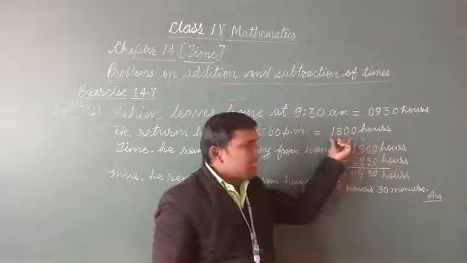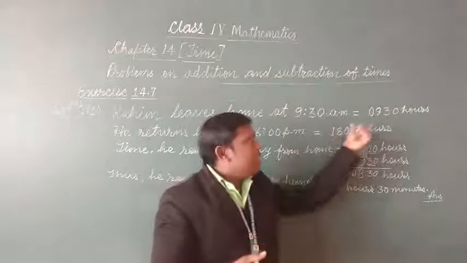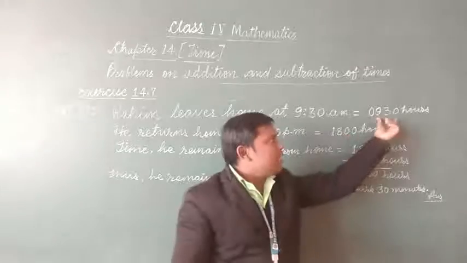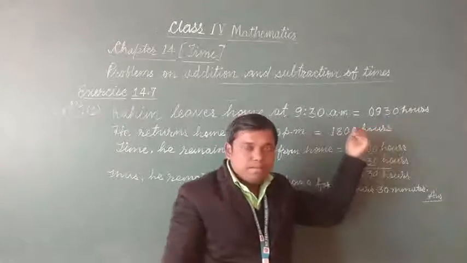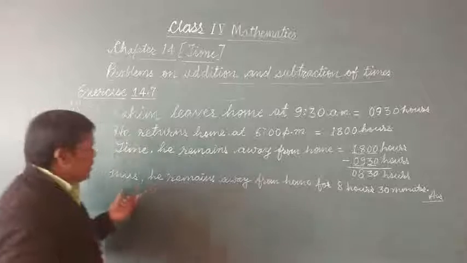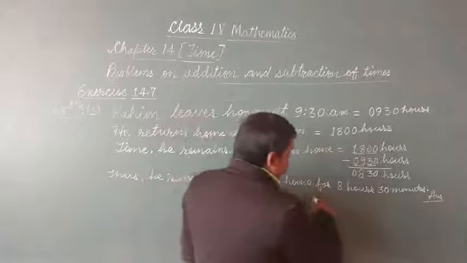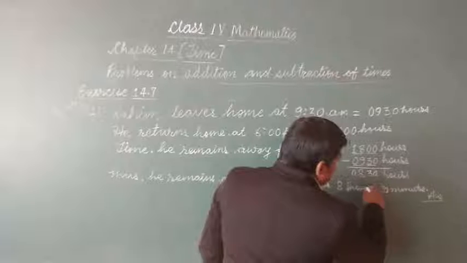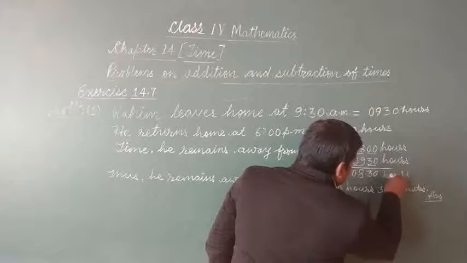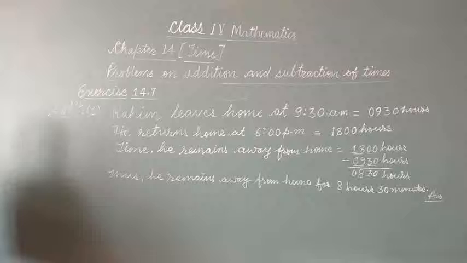So we subtract the time he returns home, and from here we subtract the time he leaves the home, and we get 8 hours 30 minutes. So we can write our answer. Thus he remains away from home for 8 hours 30 minutes. And this is the required answer. I hope you understood this solution.